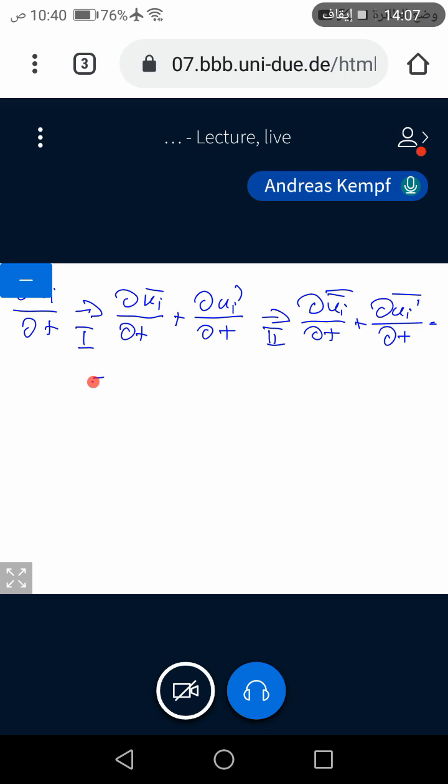And this is del ui bar del t plus, here we have the mean value of the fluctuation, which is always 0, so essentially plus nothing. This is the remaining accumulation term.